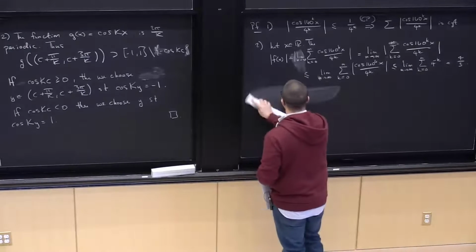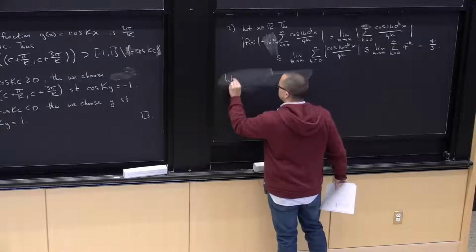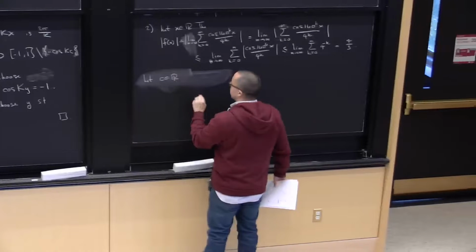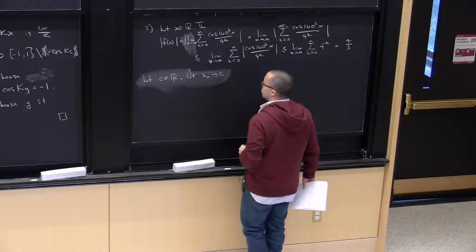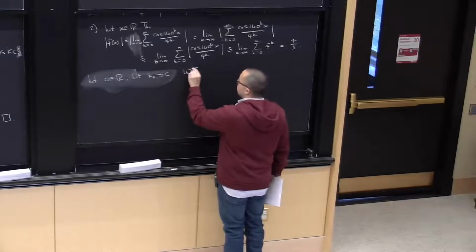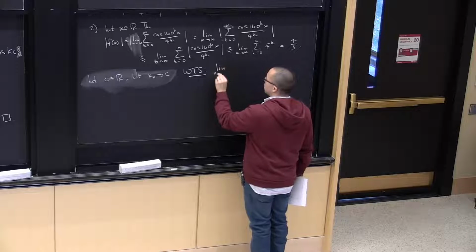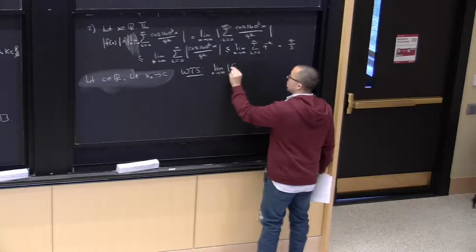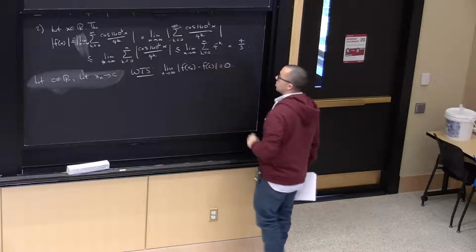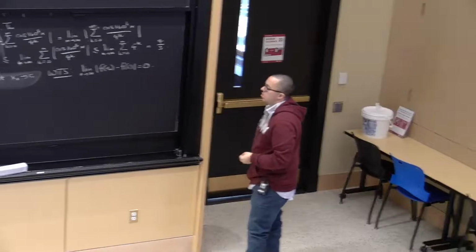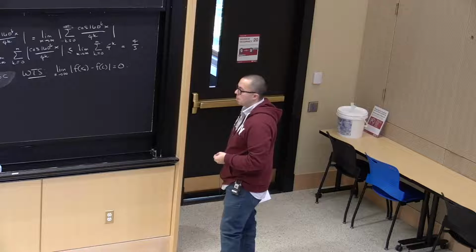So before I start writing all this down, let c be in R, and let x_n be a sequence converging to c. So what we want to show is that the limit as n goes to infinity of the absolute value of f of x_n minus f of c equals 0. All right? That's the same as saying the limit as n goes to infinity of f of x_n equals f of c. All right?